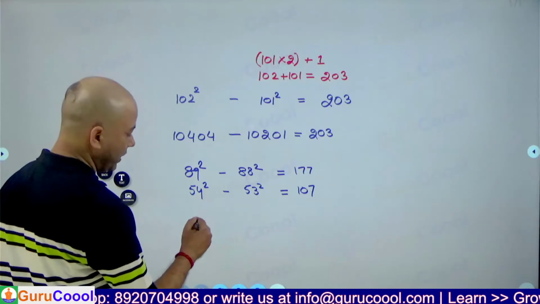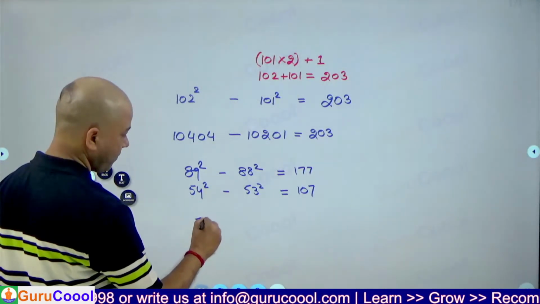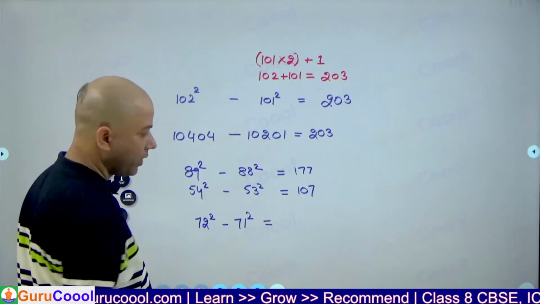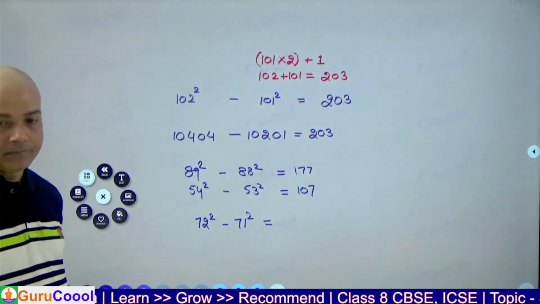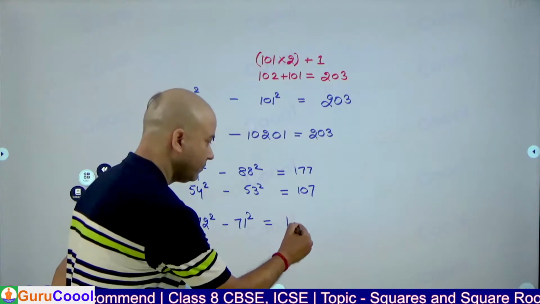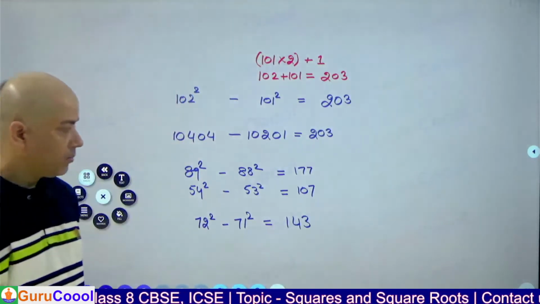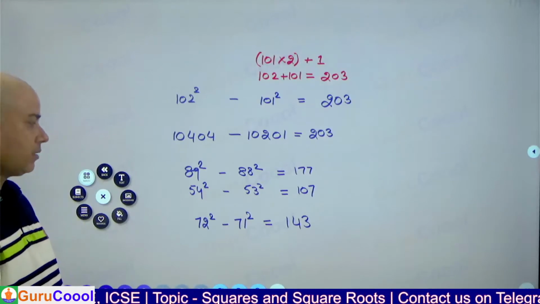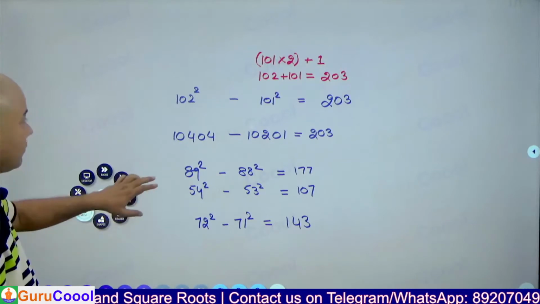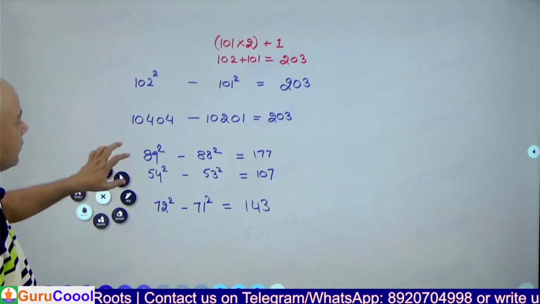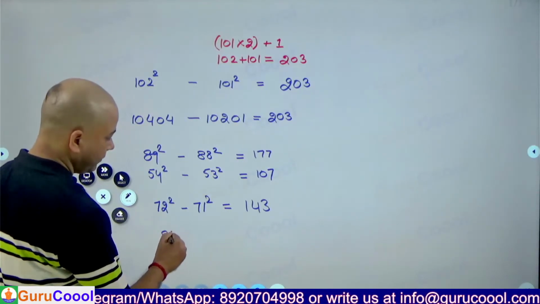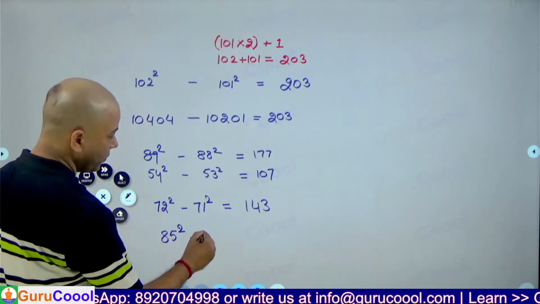So try to calculate this. Quick. Sir, 143. Yes, that's right. Mine also. Someone tells the answer and you will say, yes sir, mine also the same. David, it is for you.